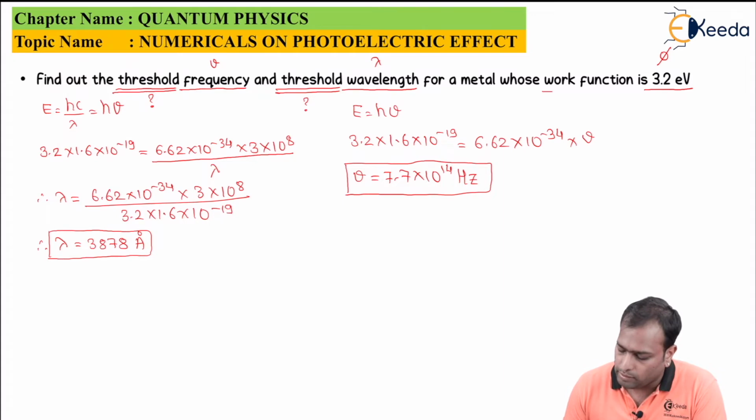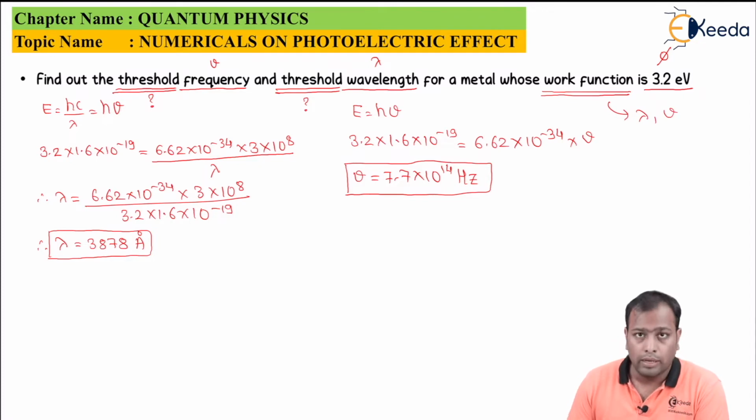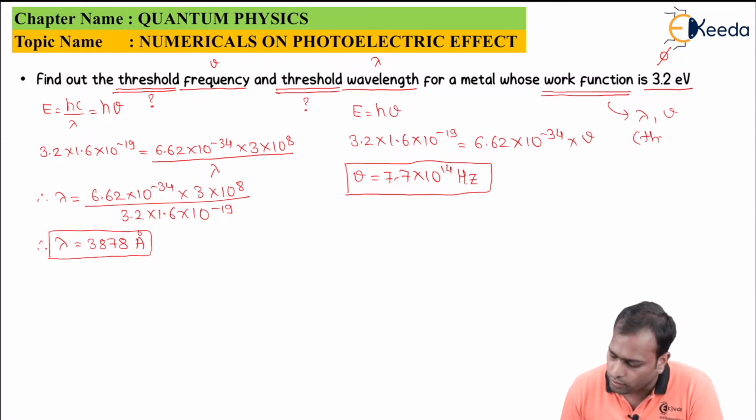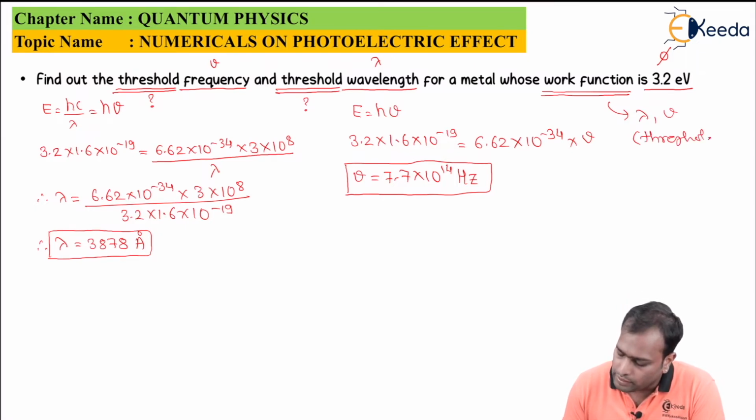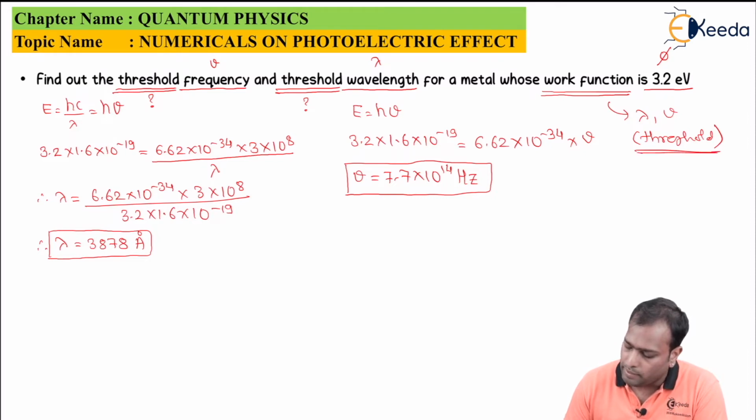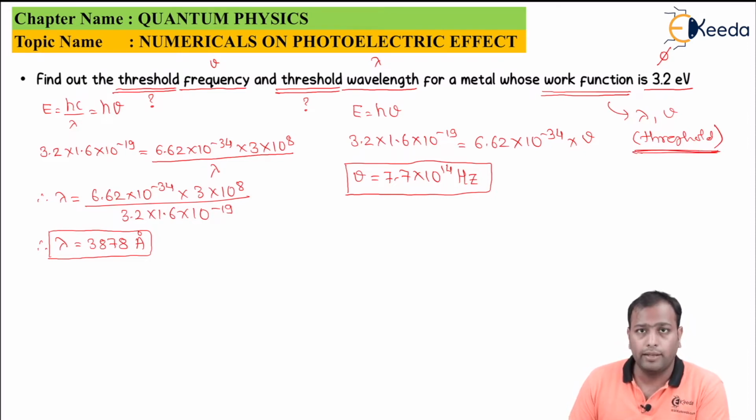If we are talking about the work function energy, then of course the lambda or the nu that is related to the work function's energy will be addressed with the keyword threshold. This is the minimum energy required to get the electron out of the metal surface, and hence the keyword threshold is used for work function's energy.